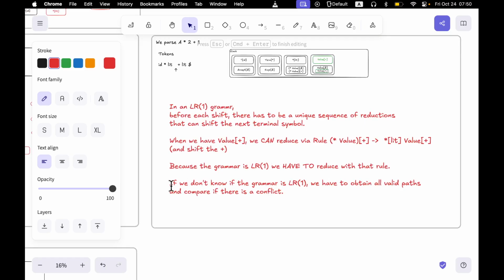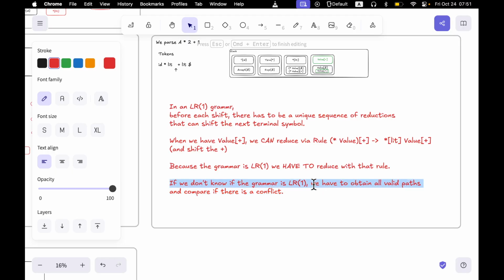Okay, but if you haven't used Bison and you're writing this parser and you just want to verify if the grammar is actually LR1 at runtime, if you don't know that the grammar is LR1, then alternatively we can fail at runtime due to a non-LR grammar by using this method.